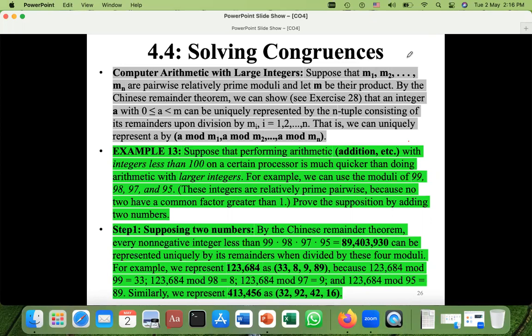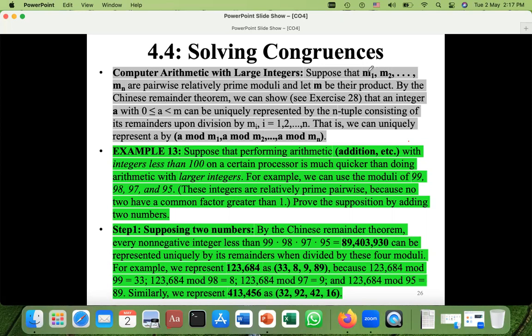These are just general topics for large integers. It is representing how the computer performs arithmetic on large integers. This concept also uses the previous concepts.